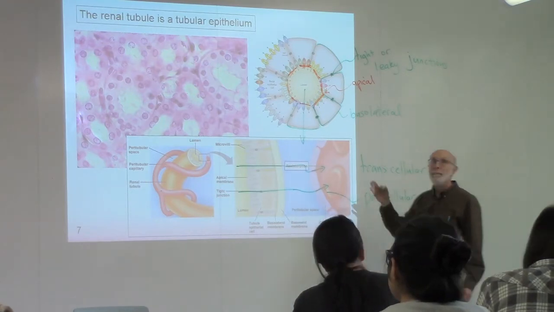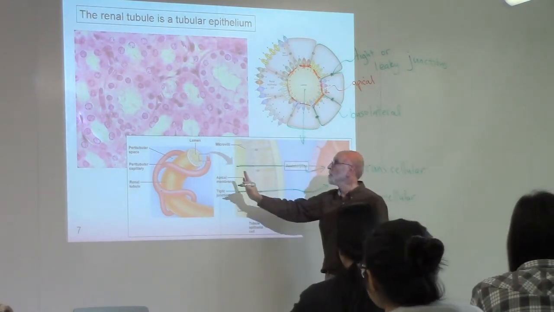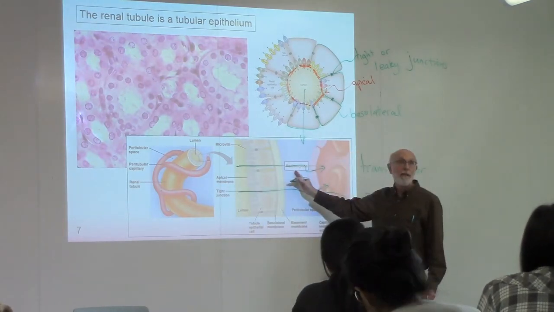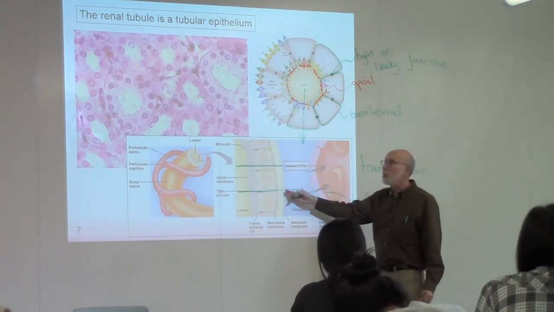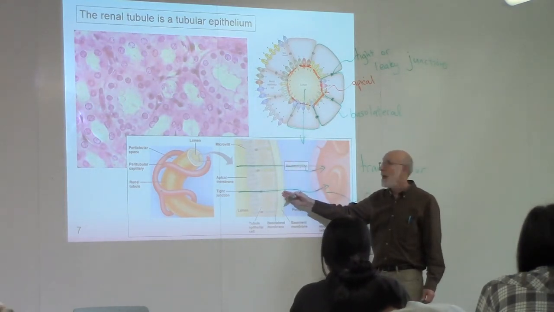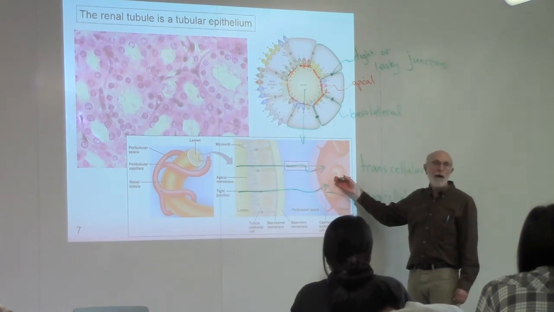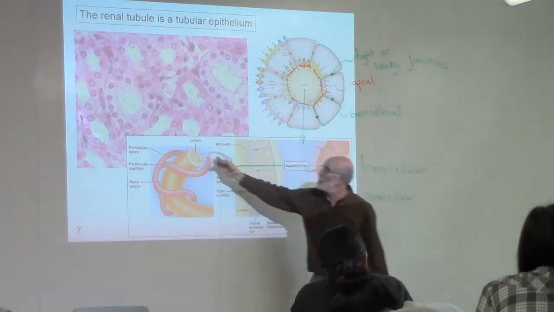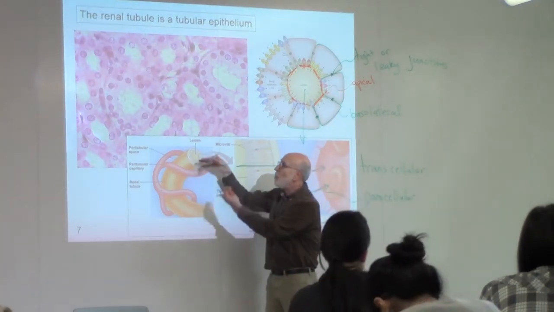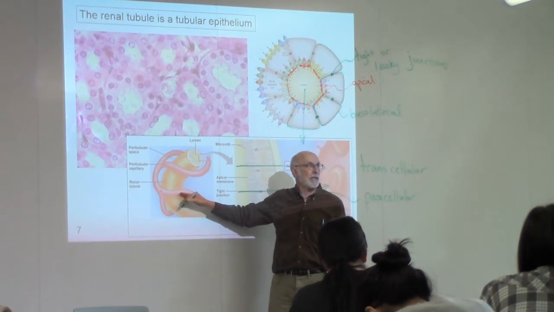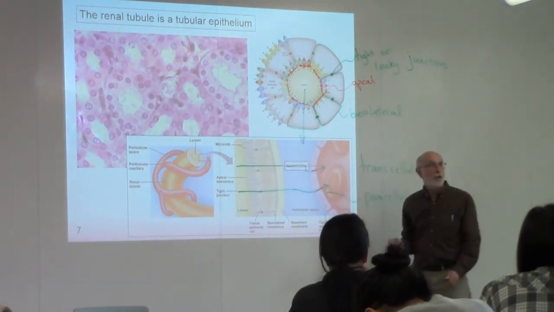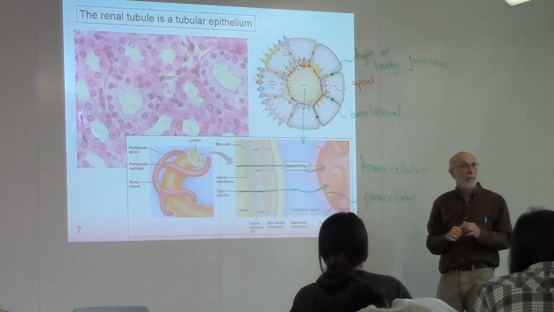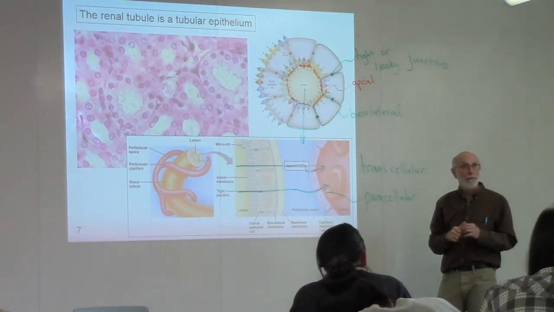The point is, material, solutes, is transported from the tubular lumen through the epithelial layer, either transcellularly or paracellularly, and then is picked up mostly paracellularly into the capillaries that are surrounding it. So here's a cartoon of a tubule surrounded by the peritubular capillaries to pick up the material that is to be reabsorbed from the tubule. Okay?